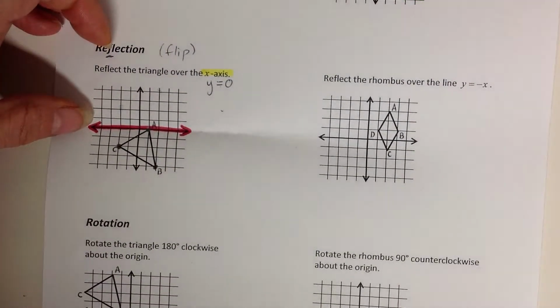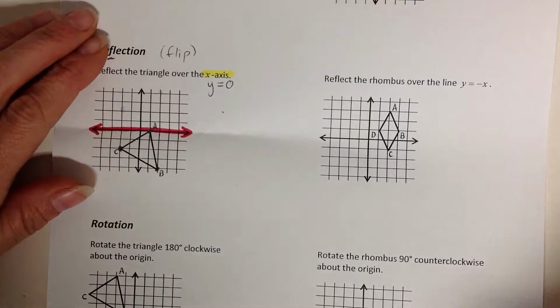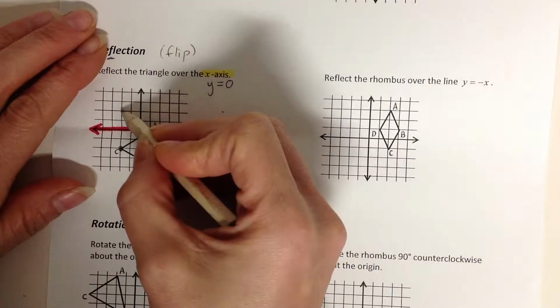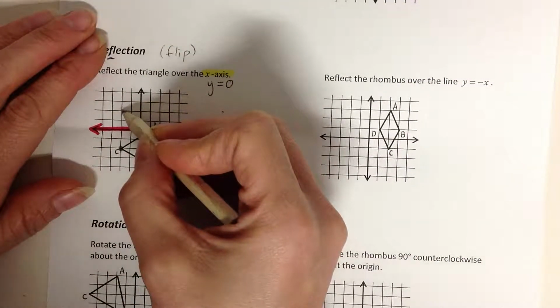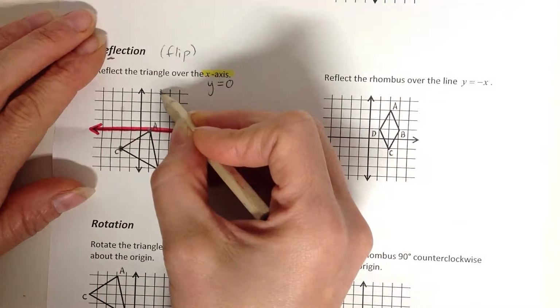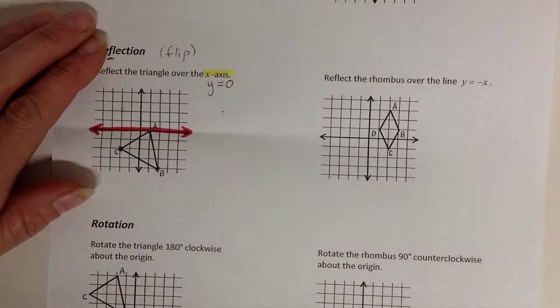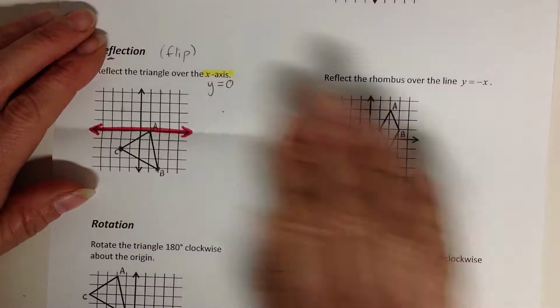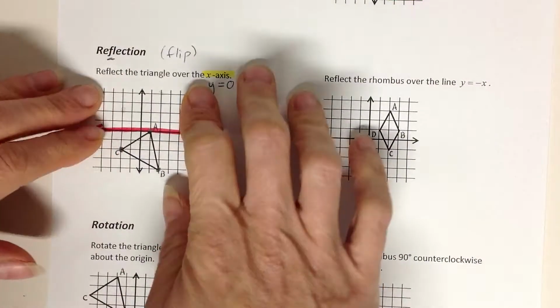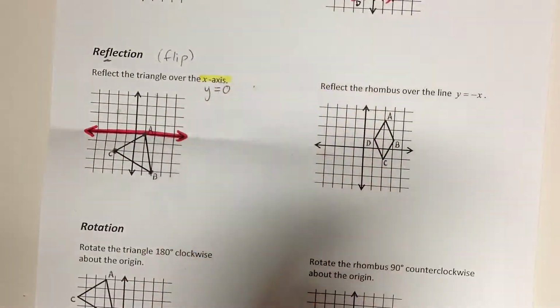Now if I really push on my paper, we'll see if this works, I should be able to find exactly where those 3 points landed. I don't know if you can see it, I can see it. There's one right here, there's one right here, and then this one is right there, because if it's on the line of reflection, it's not going to go anywhere.